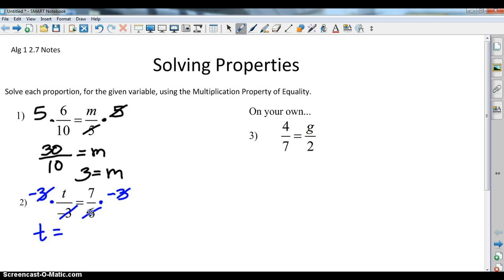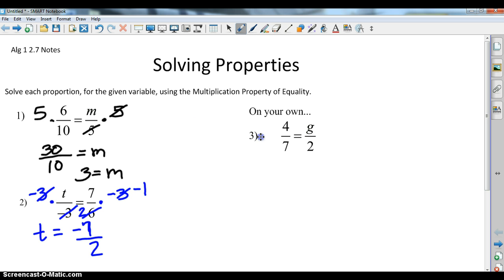So -3 goes into 6 2 times. And don't forget your negative sign up here when you put your -1. So 7 times -1 is -7 over, we have our 2. So t is equal to -7 over 2.